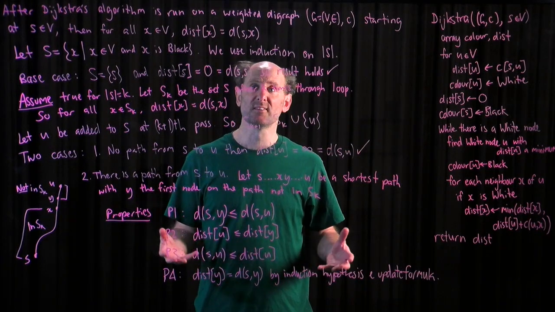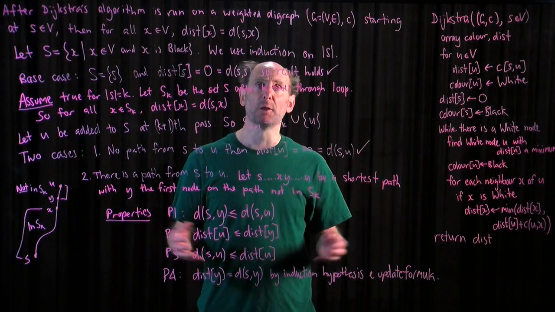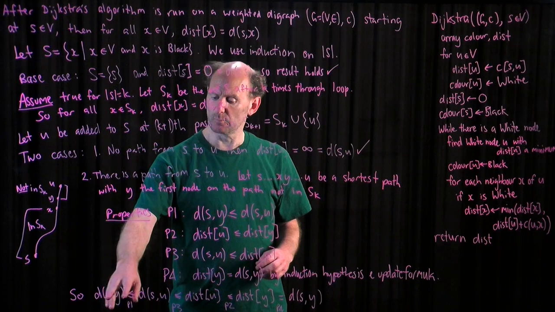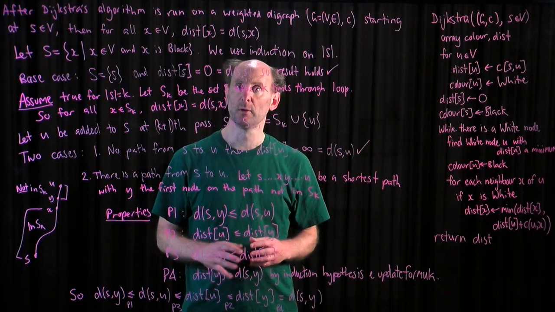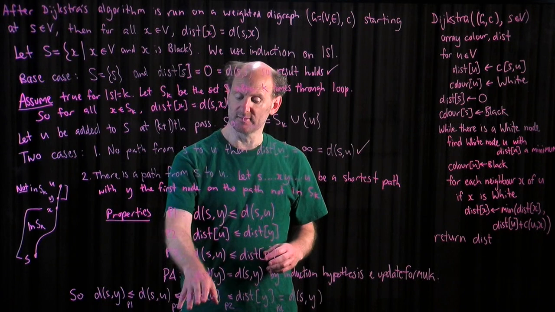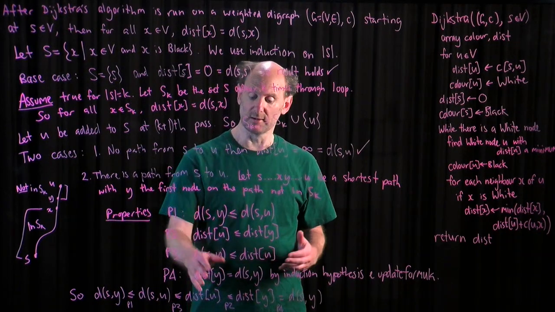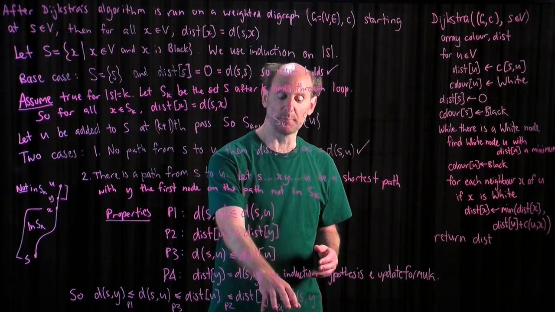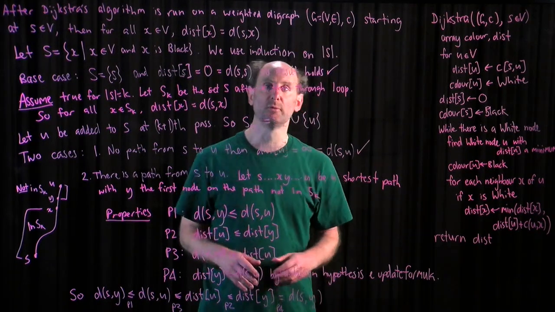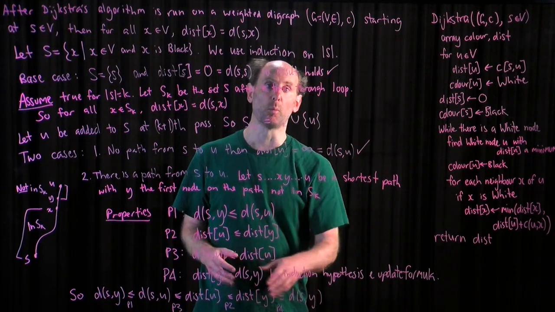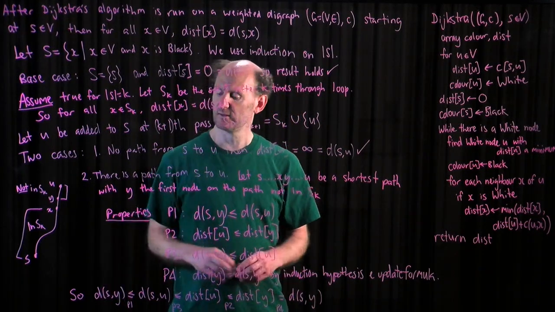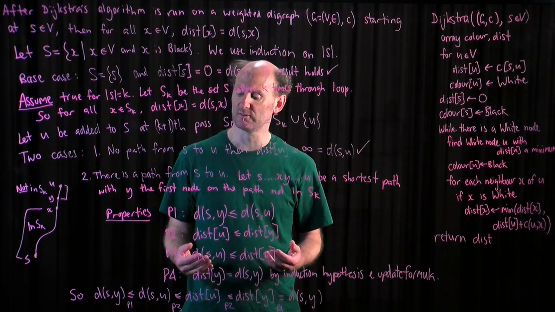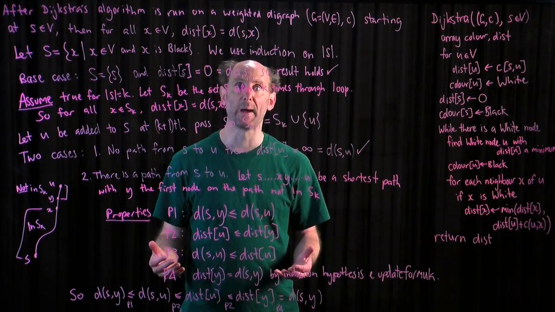So we can put all those things together and write down the following inequality. By property 1, we have that the distance from S to Y is less than or equal to the distance from S to U. By property 3, that is less than or equal to dist U. By property 2, that's less than or equal to dist Y. And by property 4, dist Y is equal to the distance from S to Y. So since this begins with the distance from S to Y and ends with the distance from S to Y, equality must hold throughout.